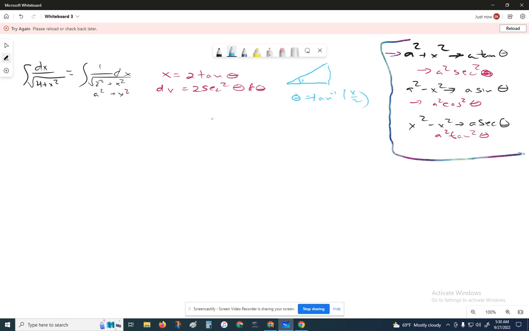So that means theta's here, x is here, and we've got opposite over adjacent, and then the hypotenuse becomes the square root of the squares of both of them added together. Okay, so now my triangle's set up. I know what theta is in case I need it. I can find any trig function based on this. So now we can just work our way through this.